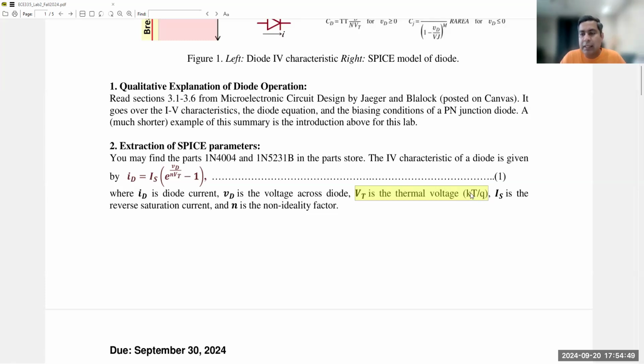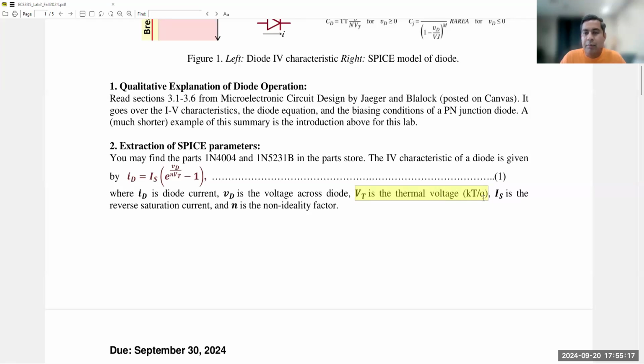As you know, these constant values are well known. You can just look up the Boltzmann constant, and q is 1.6 times 10 to the power minus 19 coulomb. And T is generally your room temperature where we are running this experiment, which is 300 Kelvin.